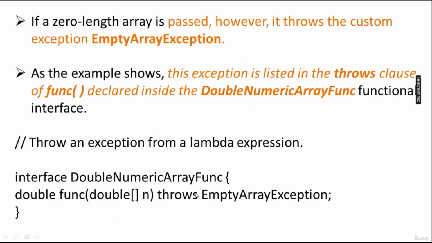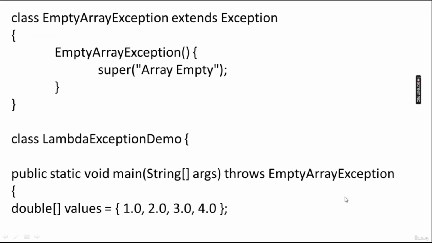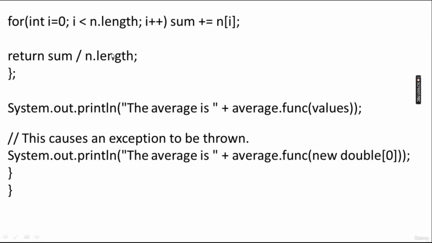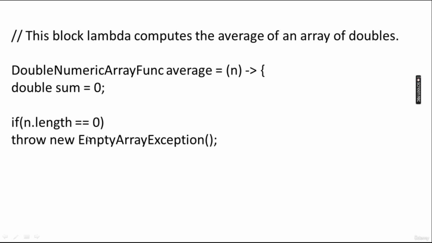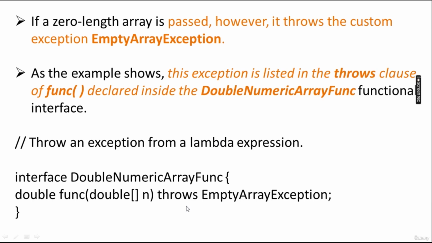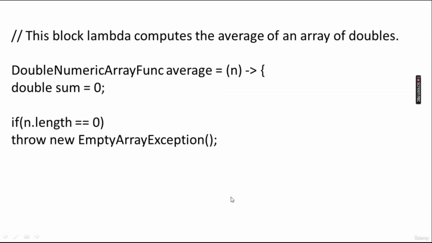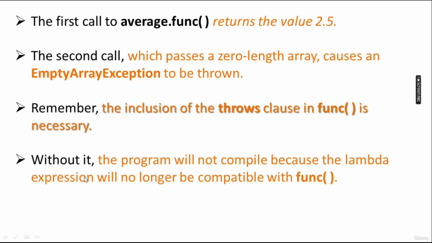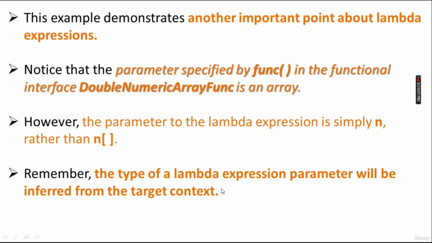So here it should throw the empty array exception, and here in the lambda expression definition, in the opening and closing brackets, it will be able to throw new empty array exception. If this is not declared to throw anything, then this will not be able to throw any exception.